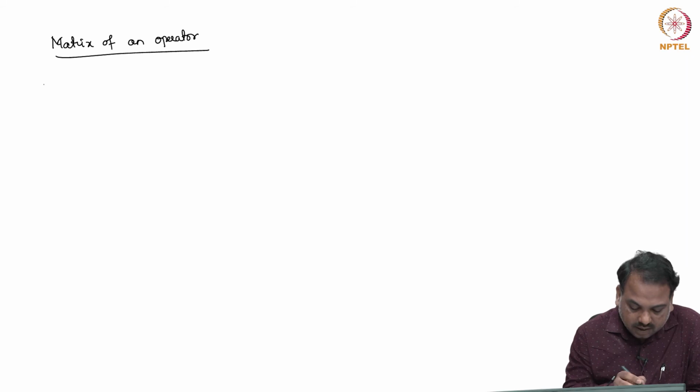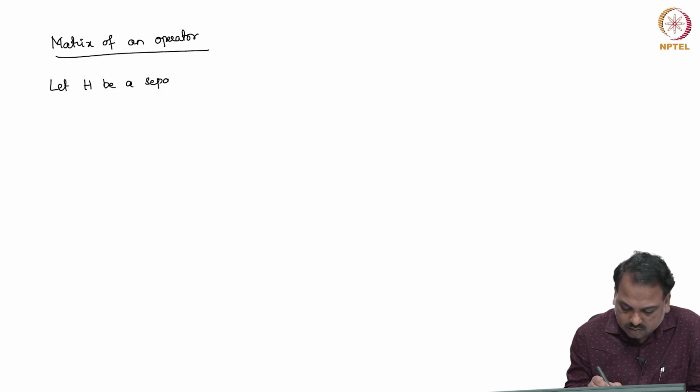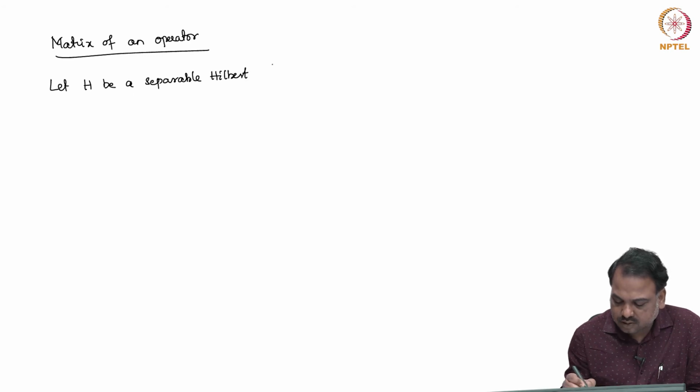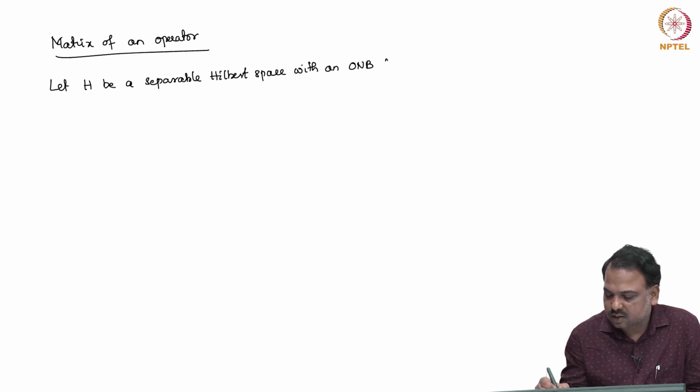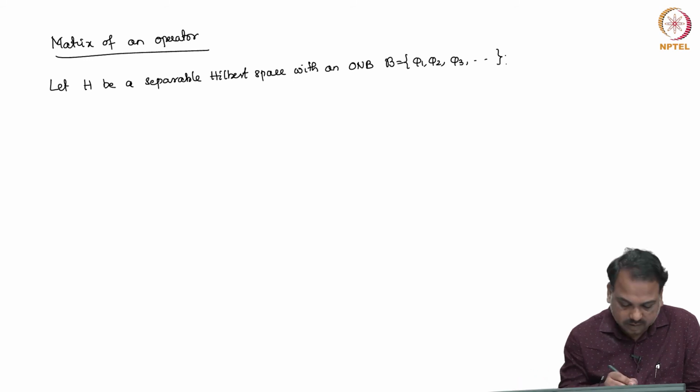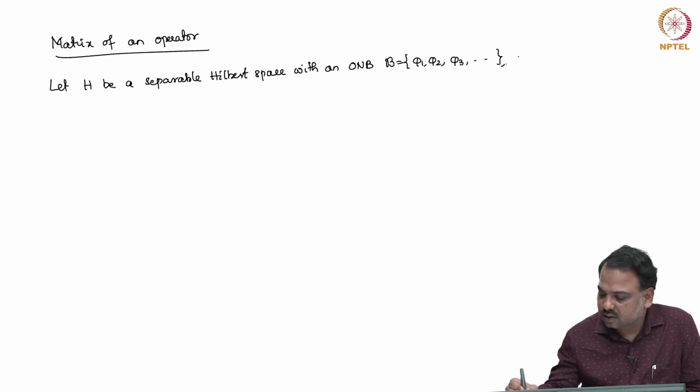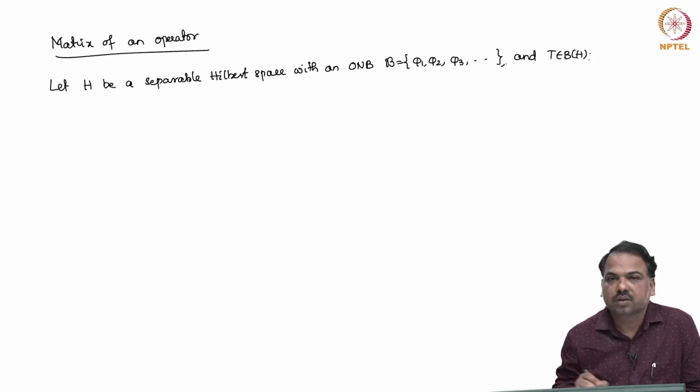So let us start with a separable Hilbert space. Let H be a separable Hilbert space with an orthonormal basis B, E1, E2, E3, and so on. And let us take T to be a bounded linear map on H.